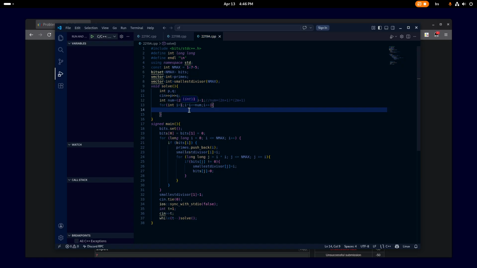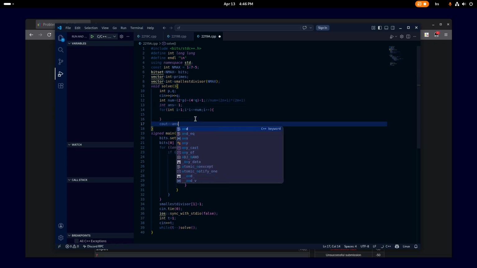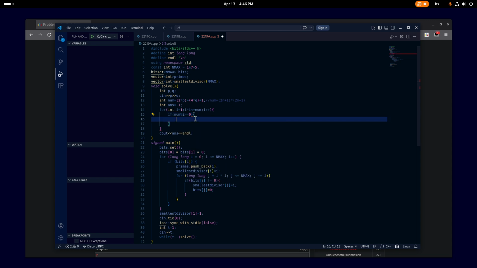And we want 2, because if the number is like 1, actually this isn't the answer, this is like n, and then there is an additional check, right?